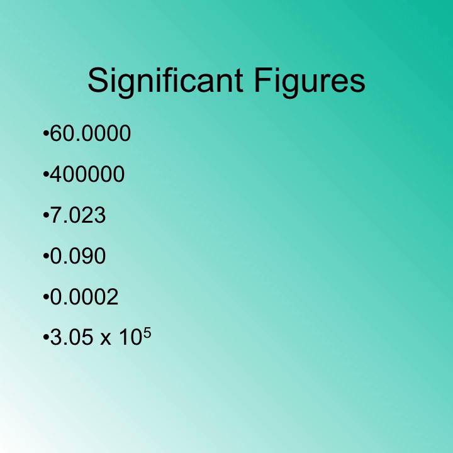I don't translate this into regular notation and then put it back into scientific notation. I only look at the mantissa, in this case the 3.05. And when I see that number, there is a captive zero, there are 2 non-zero numbers, which means that I have 3 significant figures in that example.